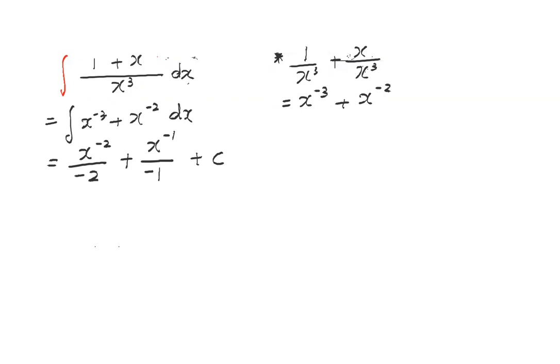Okay, so this will be equal to, I can write it as -1 over 2x squared, if you want to, minus 1 over x plus c. Try not to have so many negative signs. It will make you crazy.